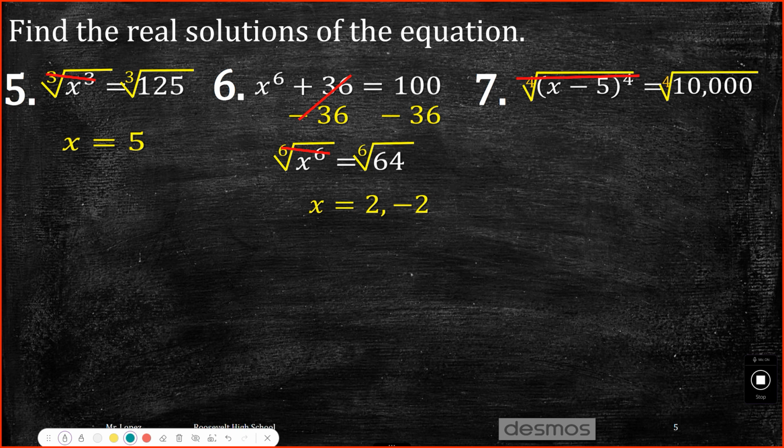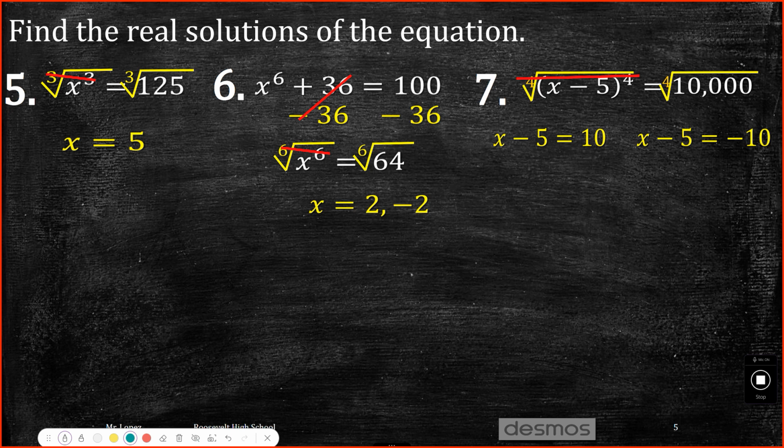What's the fourth root of 10,000? What number multiplied by itself 4 times is 10,000? 10 is correct. 10 times 10? 100. 100 times 10? 1,000. 1,000 times 10? 10,000.